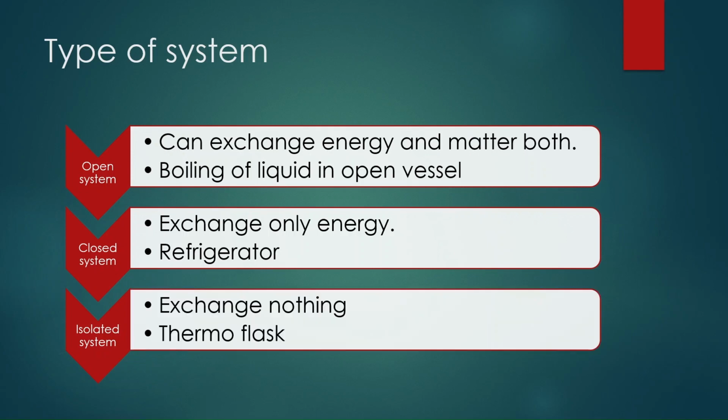Like the universe itself is an isolated system, because in the universe there are open systems and closed systems both. And a thermoflask is close to an isolated system, not an absolute isolated system, because we cannot make a thermoflask that will keep the energy the same for its entire lifetime. We can only make it as good as possible. So a thermoflask is actually a concept that tries to make a system an isolated system.